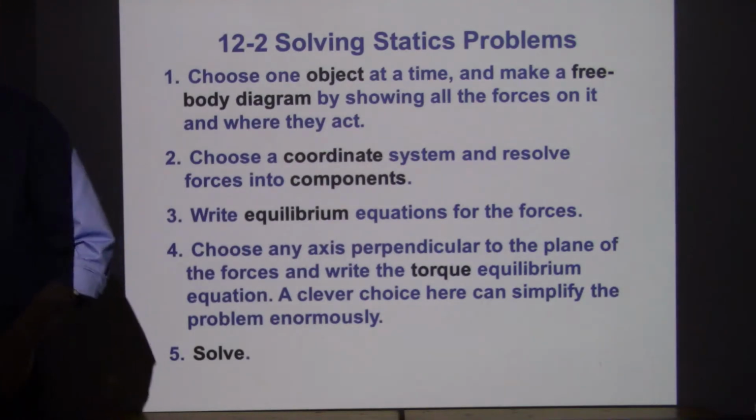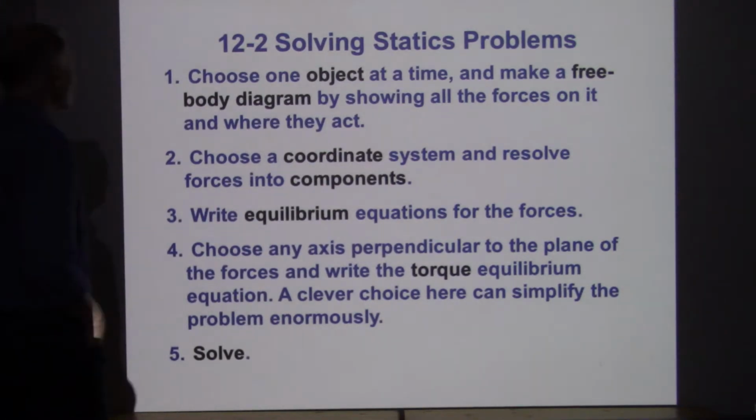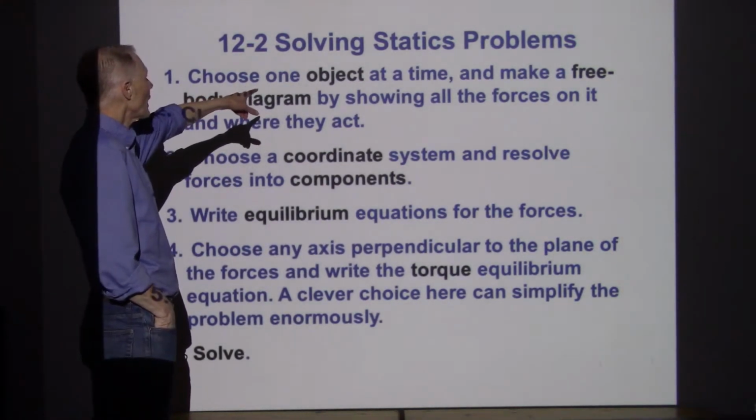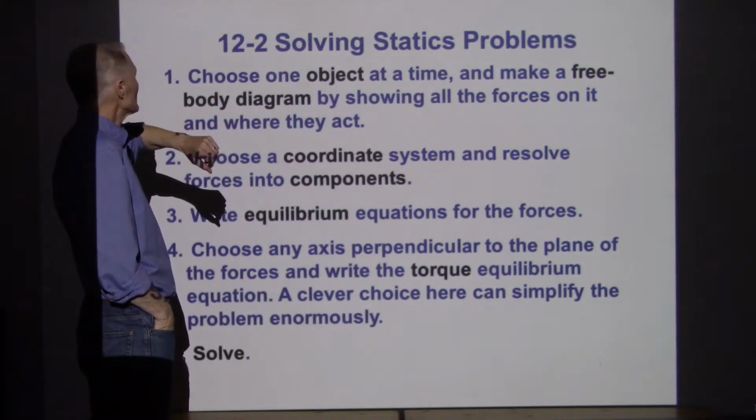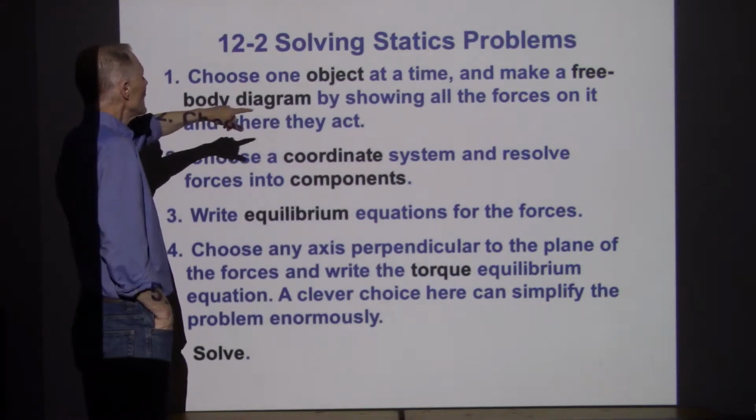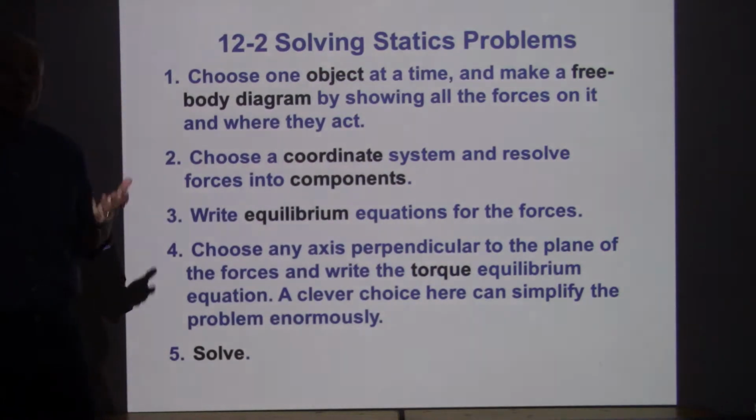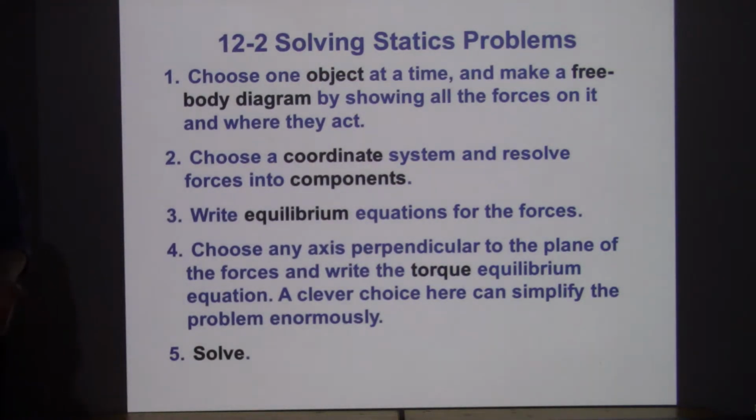With statics problems, what we do is we select objects, usually one object at a time, make a free body diagram, and show all the forces. We've done that before, right? And in some respects, this chapter is maybe easier because there are no accelerations going on.